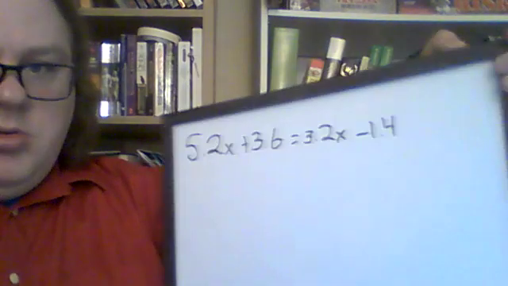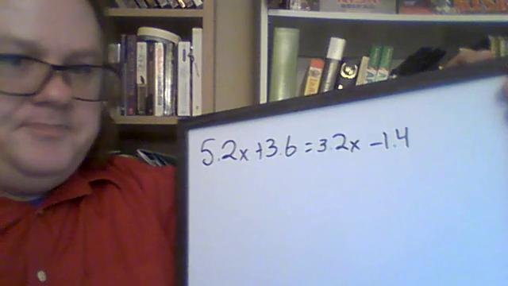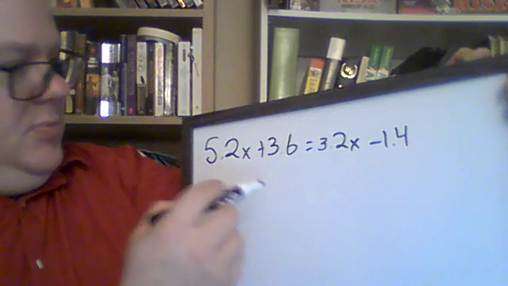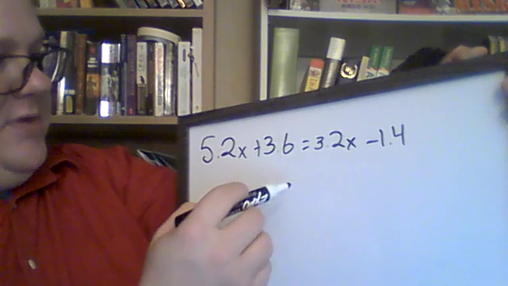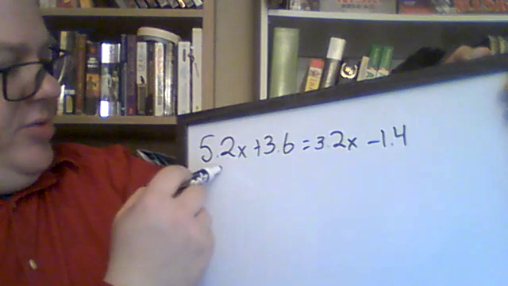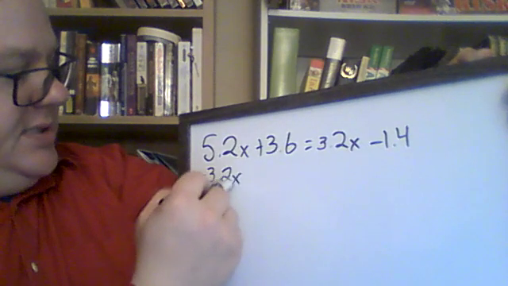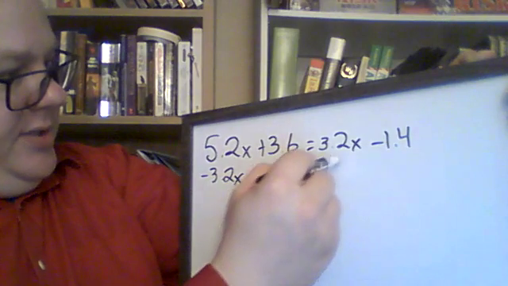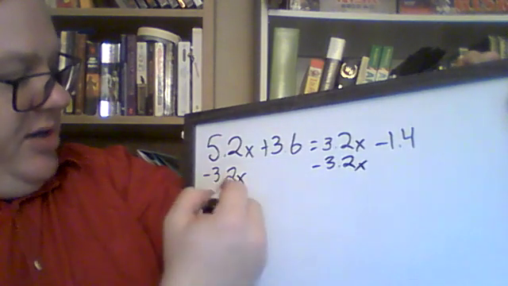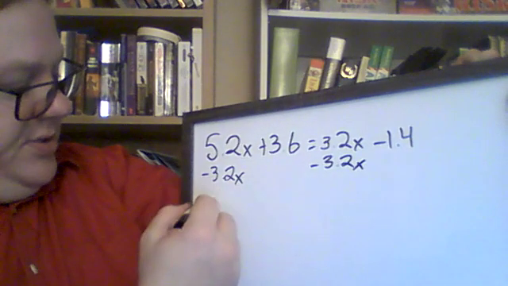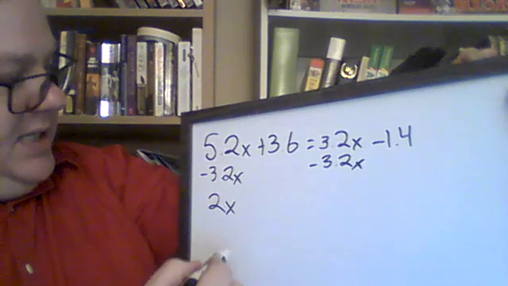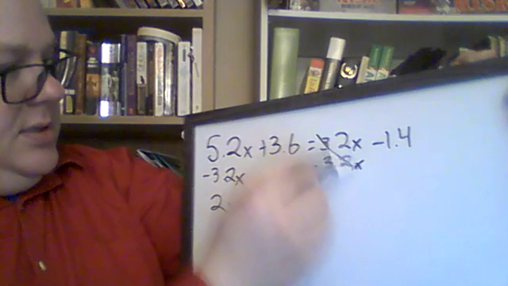There we go. Okay. What we want to do first is move this 3.2 over here. Minus 3.2x, minus 3.2x. 5 minus 3 is 2. 2x. Okay. That's taken care of.